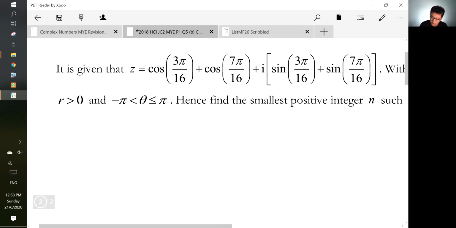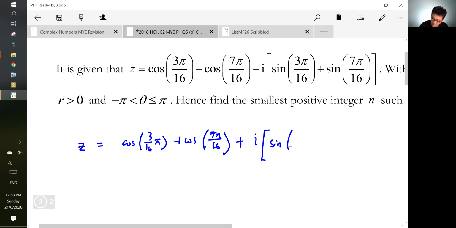So we do this by merging them: cosine 3/16 pi plus cosine 7 pi over 16, plus i sine 3 pi over 16 plus sine 7 over 16 pi. Later I'll show you another method of doing it, but that one is a bit lengthy.